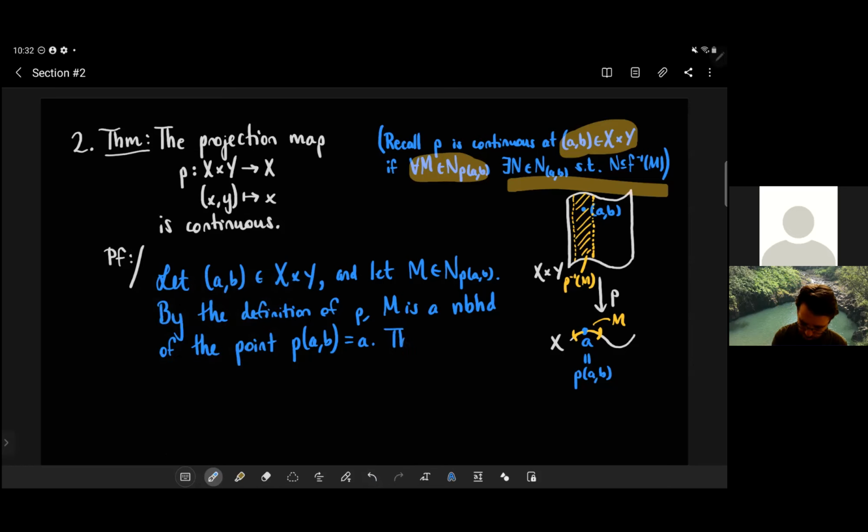So let's actually write that down. So the pre-image of M, let's actually just say what it is. By definition, that's the set of all points, and I guess now I'll use X, Y because I haven't yet. Set of all (X, Y) in the product space such that projection lands in M. But of course, we know what the projection is.